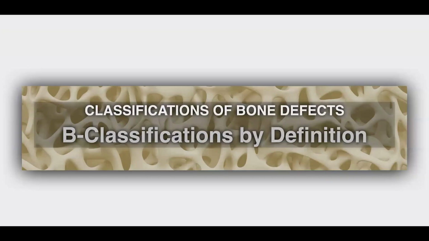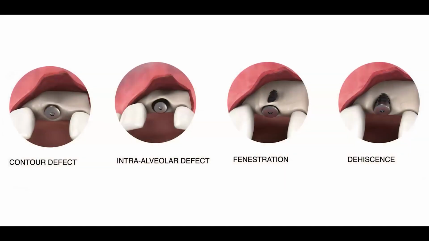Another classification, which is still used, is by the type of bony defect. The bony defect can be called a contour defect, which is basically no defect there. It's just a contour deficiency that we want to graft to improve the volume. We do this typically in aesthetic cases.